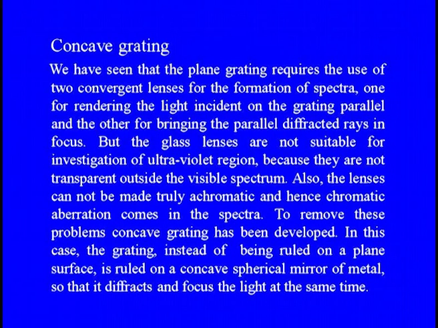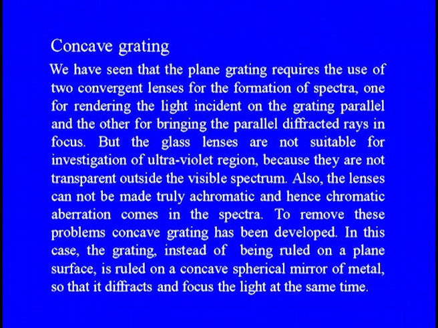But glass lenses are not suitable for investigation of the ultraviolet region because they are not transparent outside the visible spectrum. Also, the lenses cannot be made truly achromatic, and hence chromatic aberrations come into the spectra.